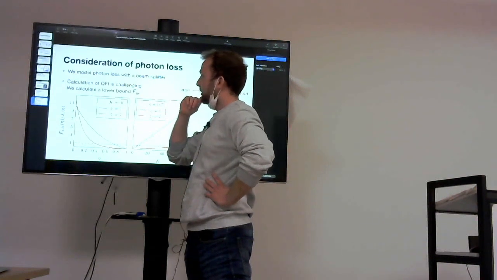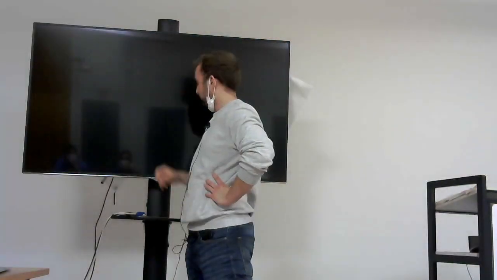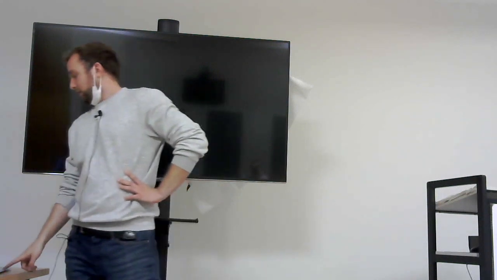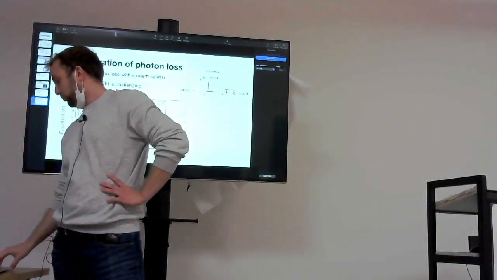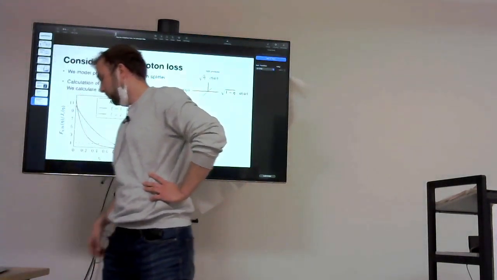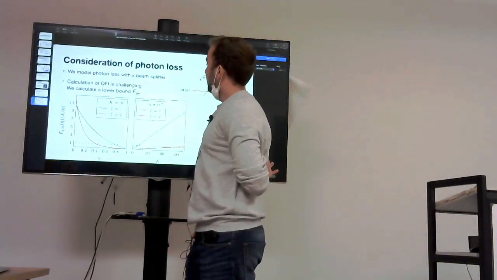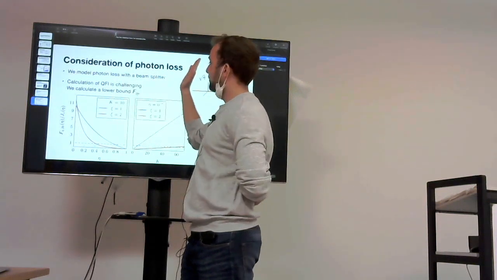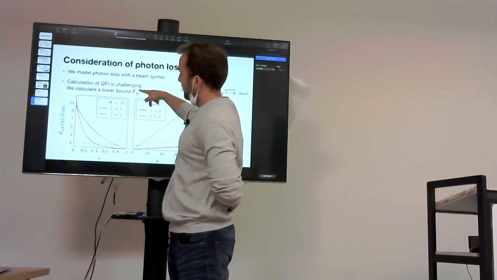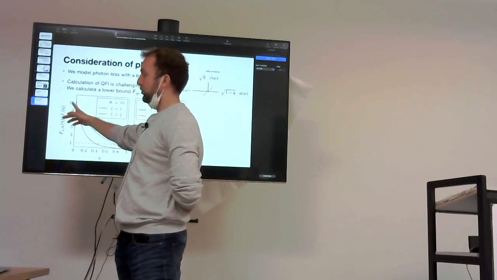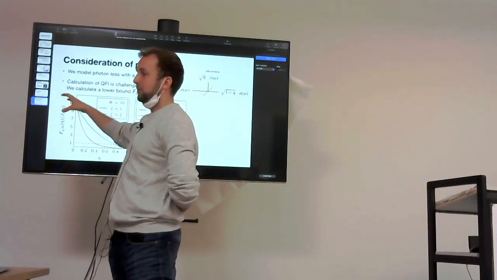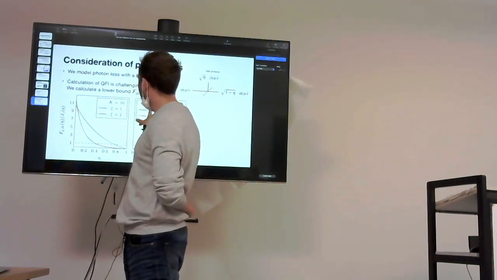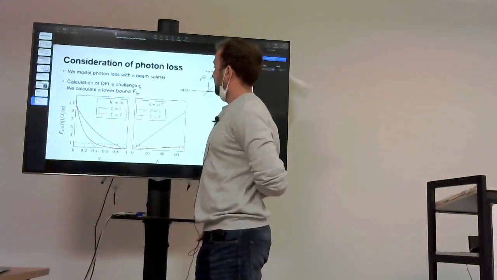Oh yeah, I think it would just approach infinity, or this line, because we also reduce the photon number in the classical strategy as we decrease the xi.